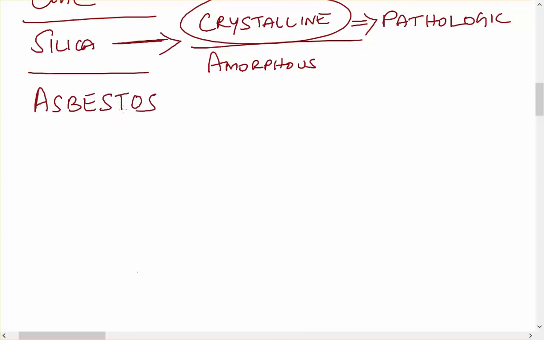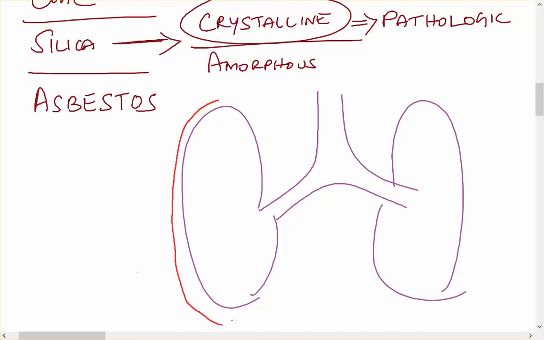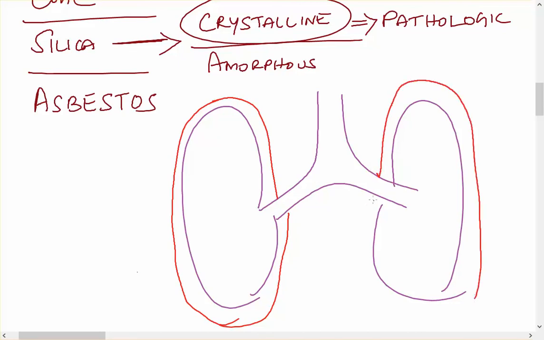Okay, so now let's draw the lung of this patient. You all know this lung is covered by pleura. I am drawing only the parietal pleura. And this person has bronchioles.